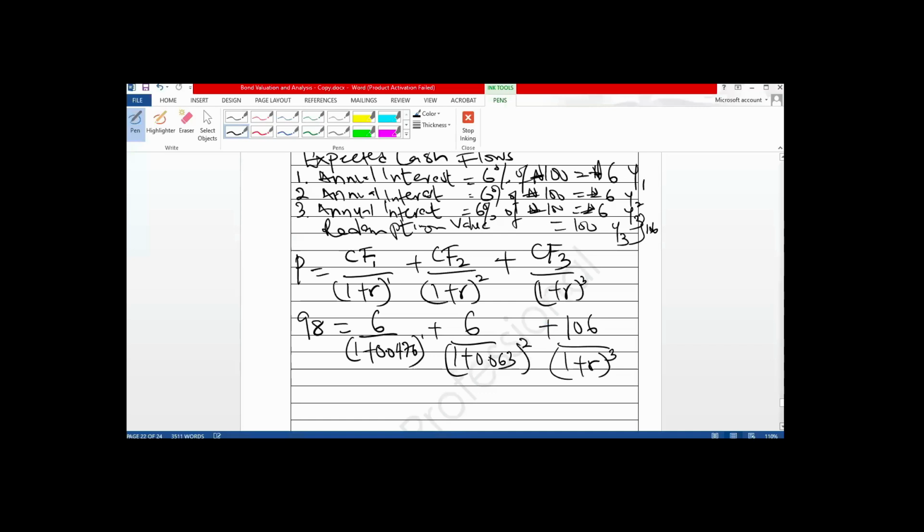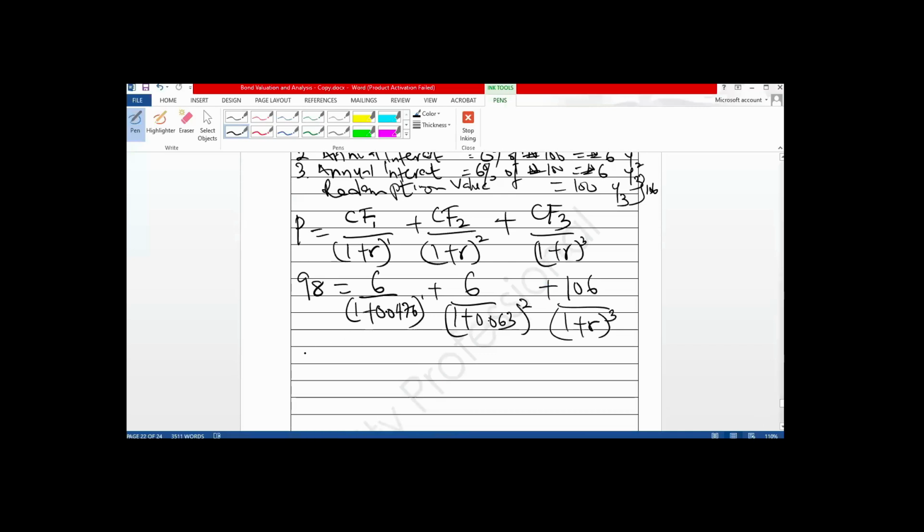What is R in year 3? 98 is equal to 6 over 1.0476 plus 6 over 1.063 raised to power 2 plus 106 over 1 plus R raised to power 3.